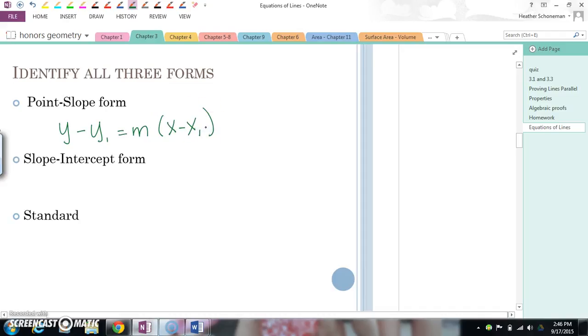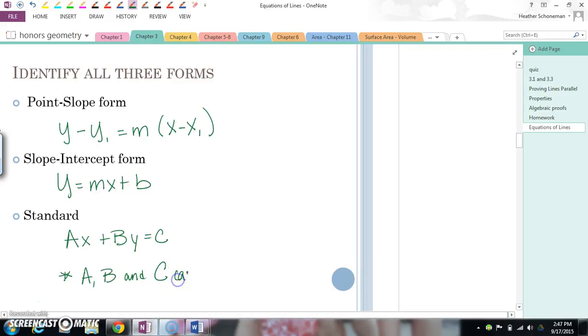The second form, slope intercept form, you've seen the most of, y equals mx plus b. And the third one is standard form, ax plus by equals c. Now remember, in standard form, a, b, and c cannot be fractions.